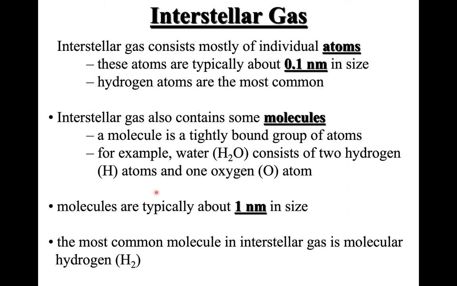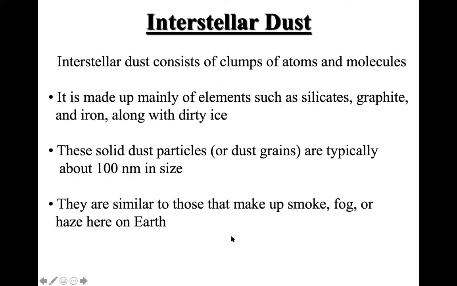These molecules are typically in the size of 1 nanometer, so compared to these atoms, it's a bit larger. Now this is important: the most common molecule that you have in interstellar matter is molecular hydrogen, right? So just keep that in mind. That's about the interstellar gas.